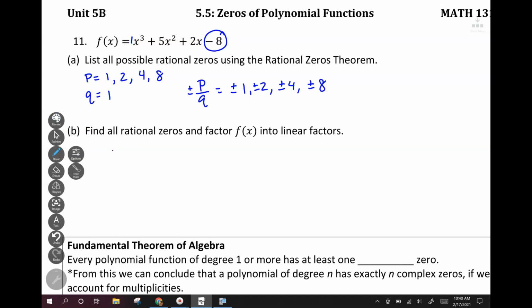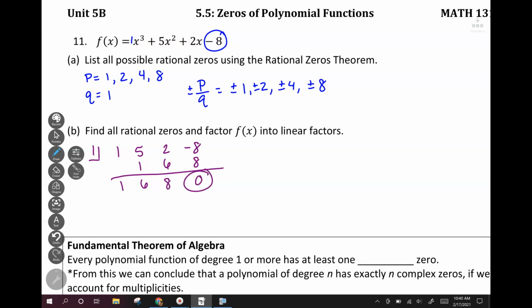So list out your coefficients. I'm going to put my positive 1 in the box first. Got lucky on this one. The first one actually worked.